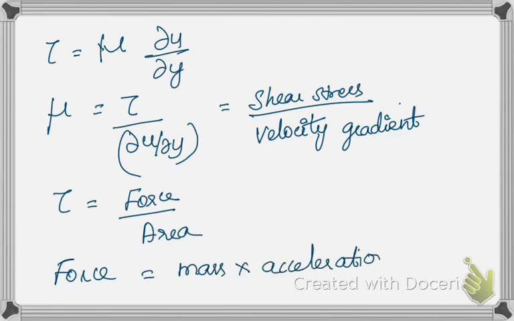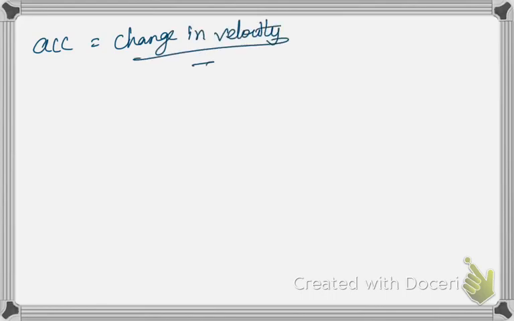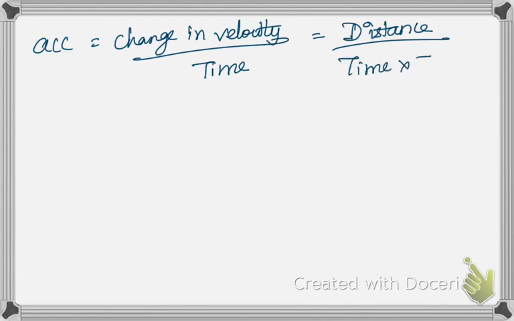For mass I know it is m. So for acceleration we have to work it out. What is this acceleration? Acceleration is change in velocity by time, right? So change in velocity is nothing but distance by time, into time.